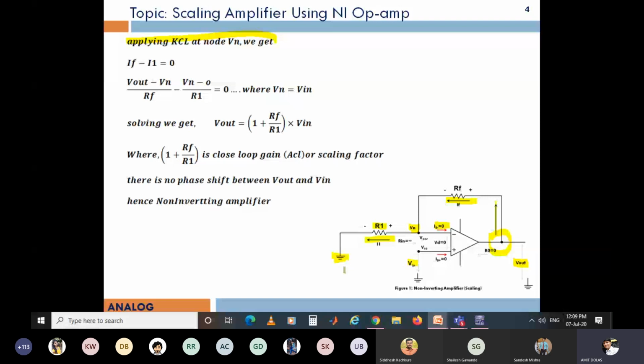You might be thinking why I am taking this direction of the current. A simple example: I assume that this input voltage is positive. As it is a non-inverting amplifier, it will generate some finite positive value at the output, and this side is ground.